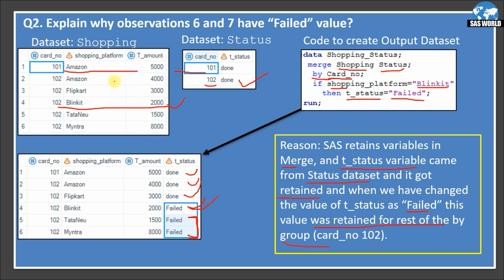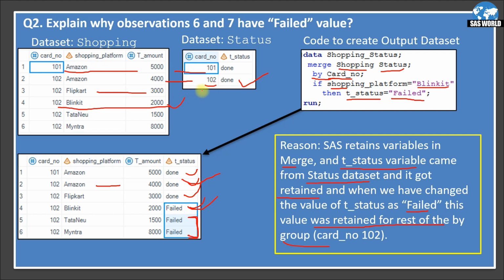Now if I merge the second observation, 102 Amazon, it will merge with this 102 and show the status done. Fine. When I try to merge this observation, Flipkart with 102, you know this one is already covered by the previous one. We do not have 102 multiple times. So how will this merge?